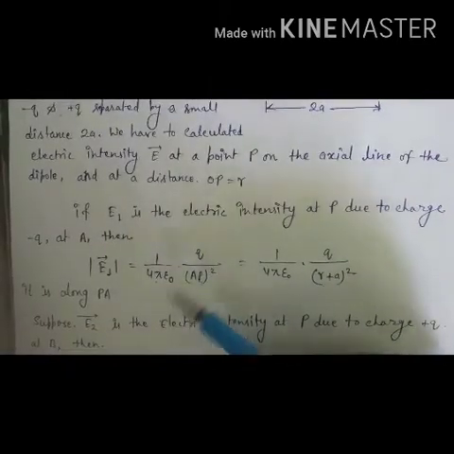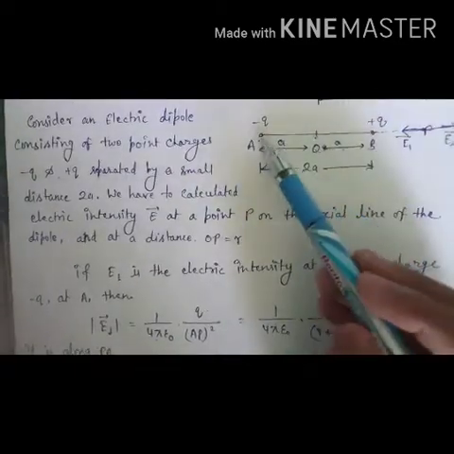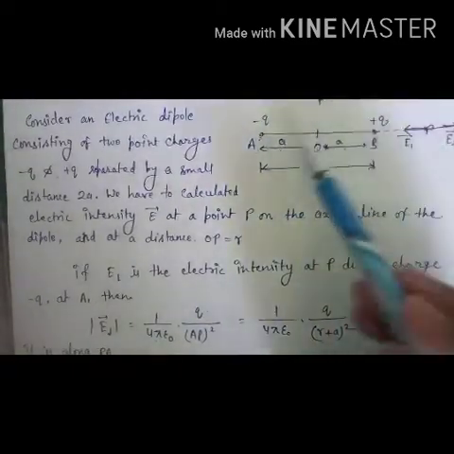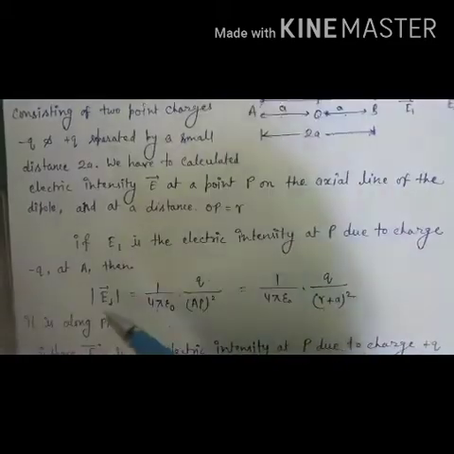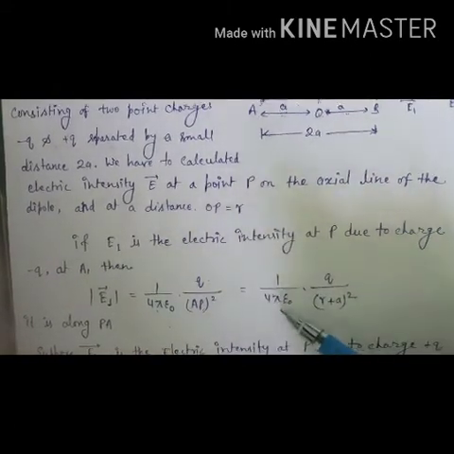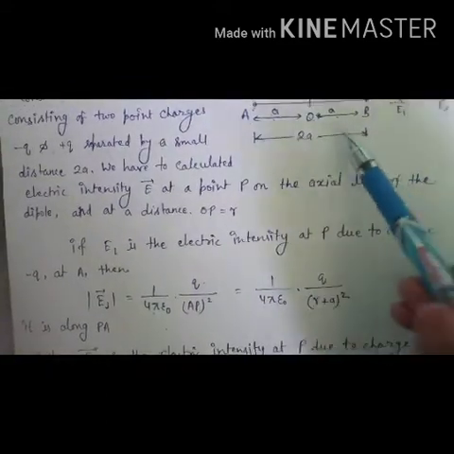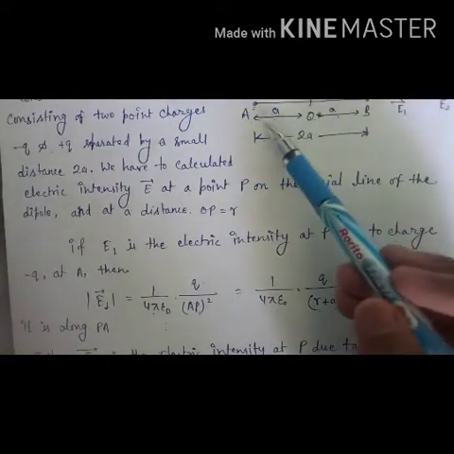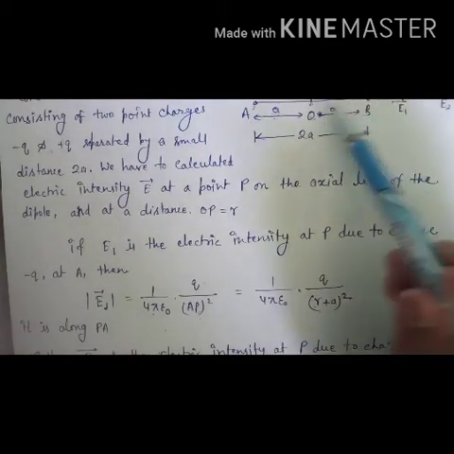E1 is equal to 1 upon 4 pi epsilon naught, q upon AP square, where AP is the distance from A to P, that is a plus r, so we can write r plus a. So E1 is equal to 1 upon 4 pi epsilon naught, q upon (r plus a) whole square, and its direction is along PA.